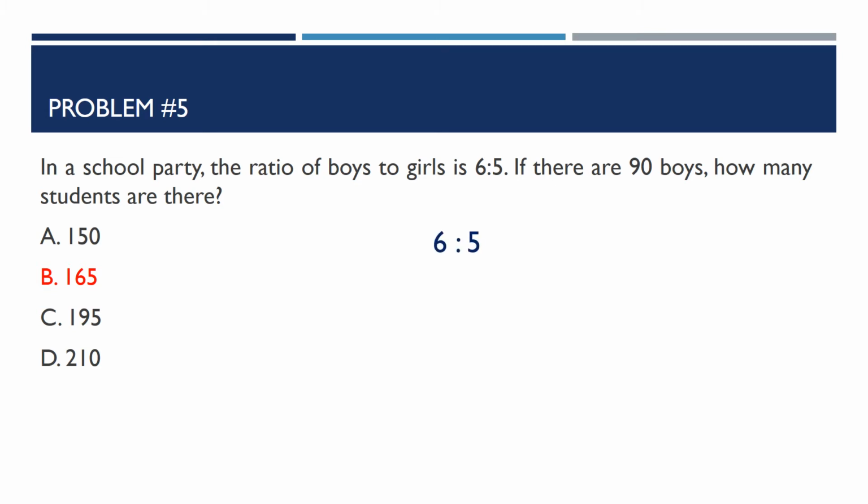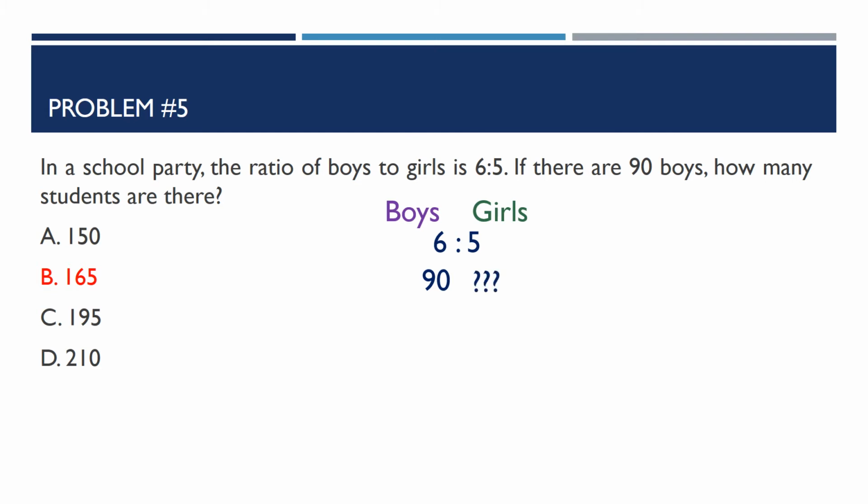So let's start with the ratio 6:5, where 6 represents the boys and 5 represents the girls. And these are just units of the ratio 6:5. So we don't know how many students are represented by each unit of this ratio. But it's given that there are 90 boys, so this 90 is represented by 6 units in the ratio.